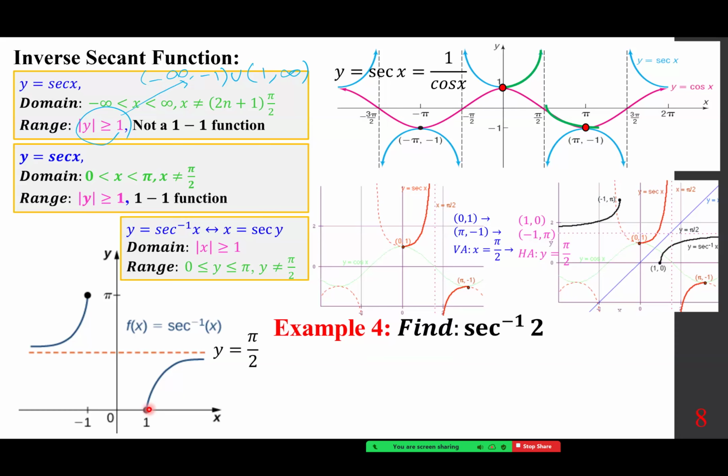This is clearly 1, 0, and this is clearly negative 1, pi. Fine, let's just write that. So this is 1, 0, negative 1, pi.